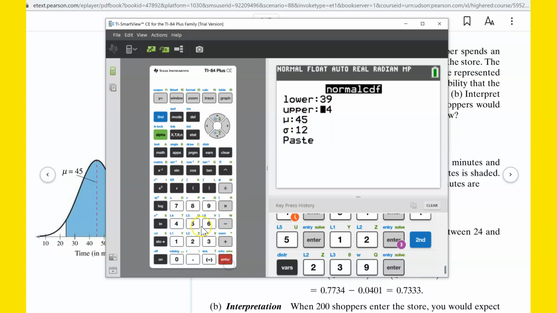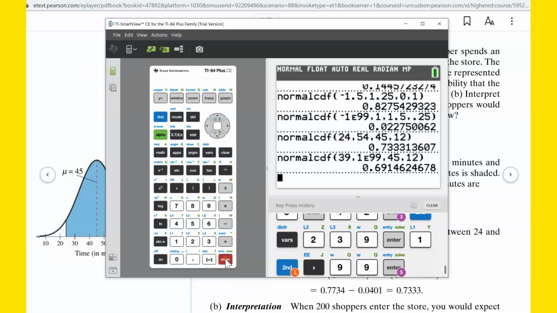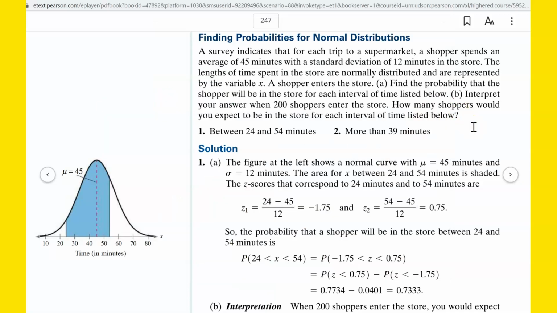And the upper bound, the highest we can be, is infinity, or 1e99. The mean and standard deviation are the same. So 0.6915, or about 69% chance of spending more than 39 minutes.